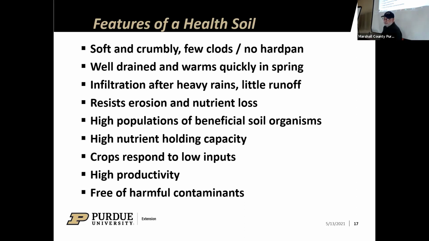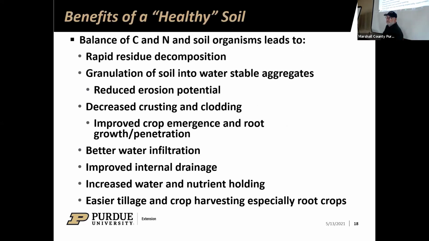A repeat of an earlier slide: a high population of beneficial soil organisms is key to having a healthy soil, with high nutrient holding capacity. Benefits of a healthy soil: a balance of carbon to nitrogen and soil organisms lead to rapid residue decomposition, which is good.